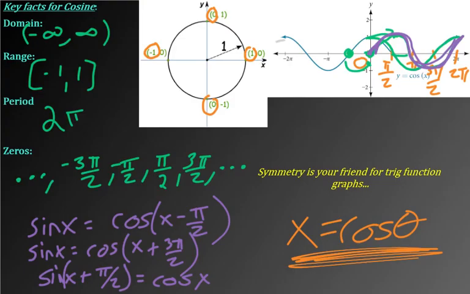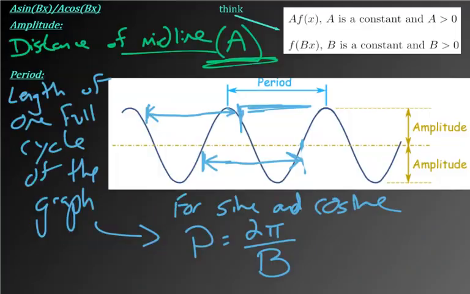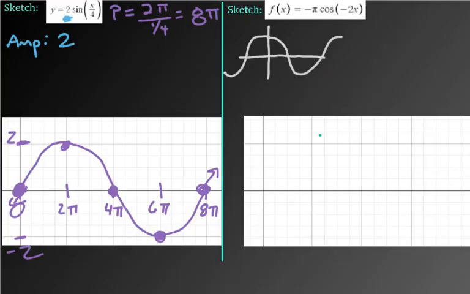One thing to notice is that cosine is symmetric with the y-axis. So if you flip it, it doesn't really do anything. If you're not getting into any shifts left or right, you can basically just ignore that negative in this case.